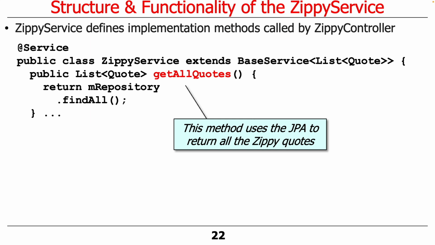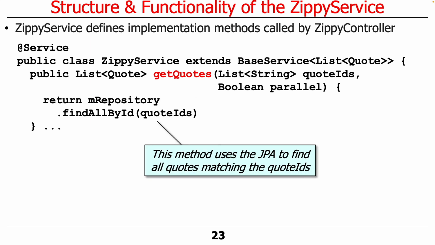So here's get all quotes. And you can see in the Zippy microservice implementation, we simply forward to the repository and say, find me all the quotes. And find all is predefined. It's a predefined operator that comes from the JPA repository. You don't have to do anything to get it. It just gives you back everything in the table. Here's the getQuotes method.